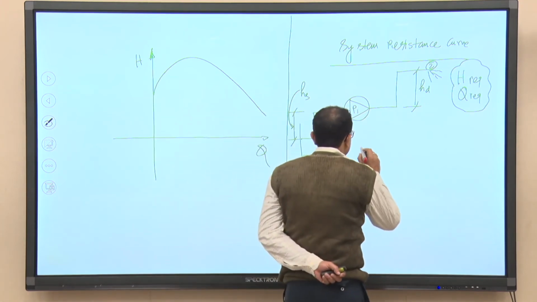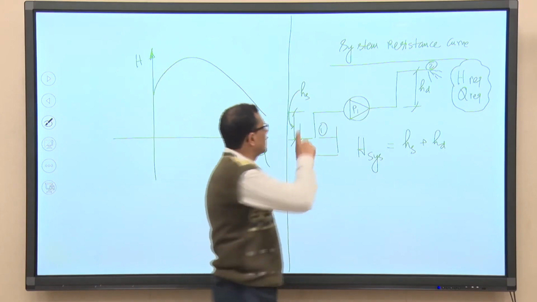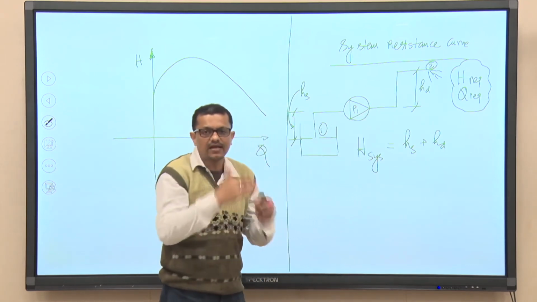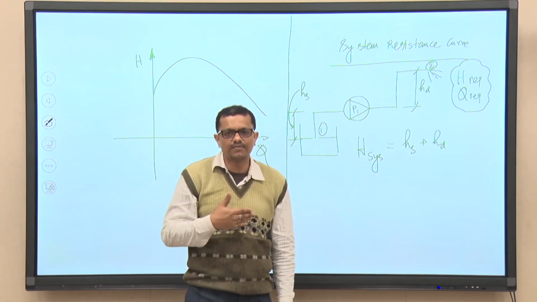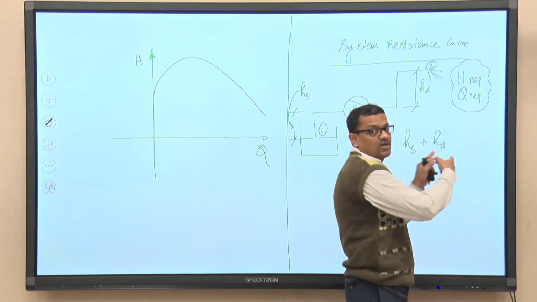Okay. So, if we try to find out what is H system, H requirement is what I need from this pump. This is the H-Q curve, the pump's own characteristic curve, but I need to find out what is H system. What is H system? H_s plus H_d, that is the total suction lift plus delivery lift, the total lift. So, these two static heights will be overcome by the pump itself. So, this H requirement will definitely be higher than this.